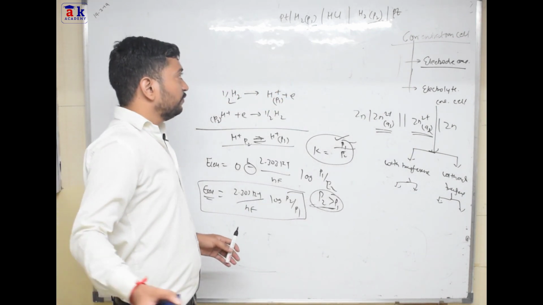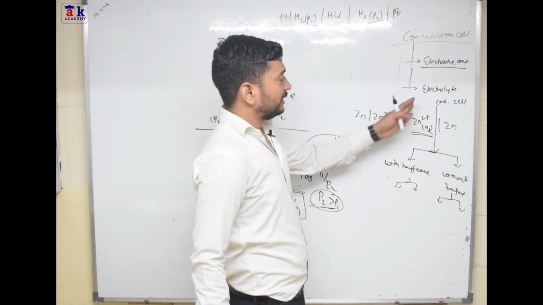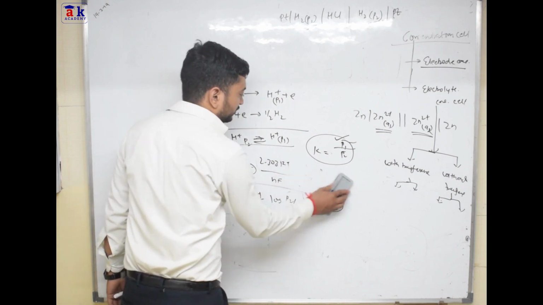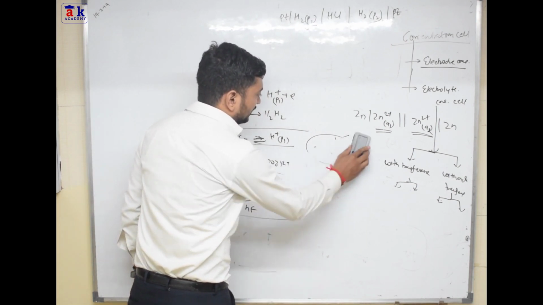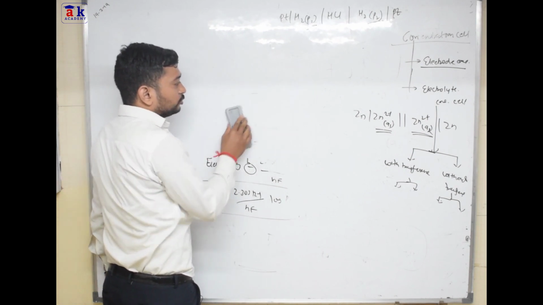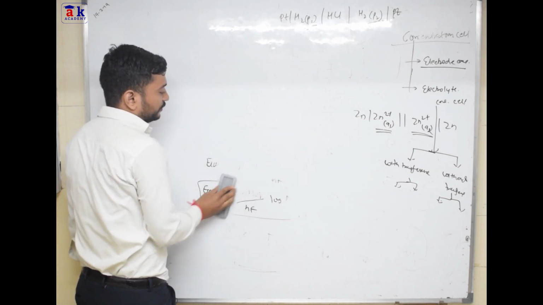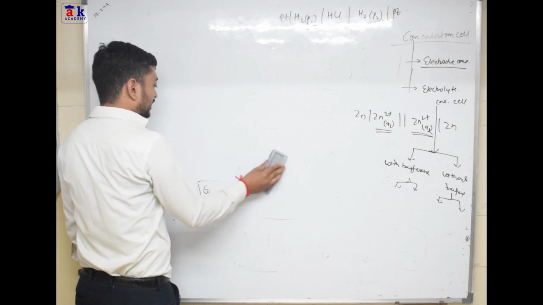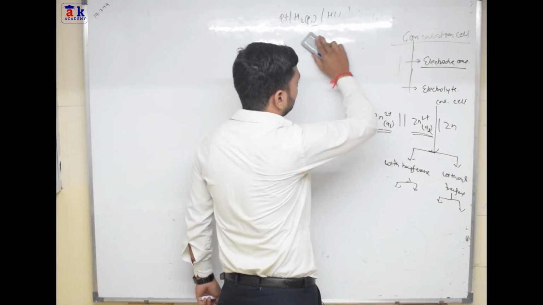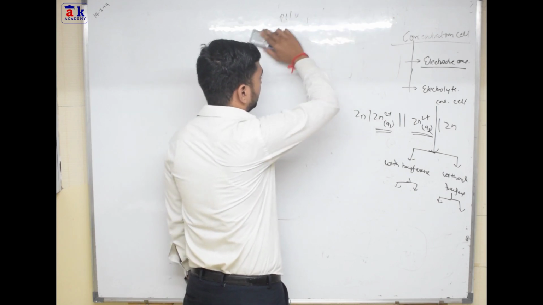Now let's discuss the electrolyte concentration cell, and here we have two kinds. The first one is with transference and the second one is without transference. So what happens in case of without transference? Let's say I have two electrolytes and they are not in direct contact with each other.